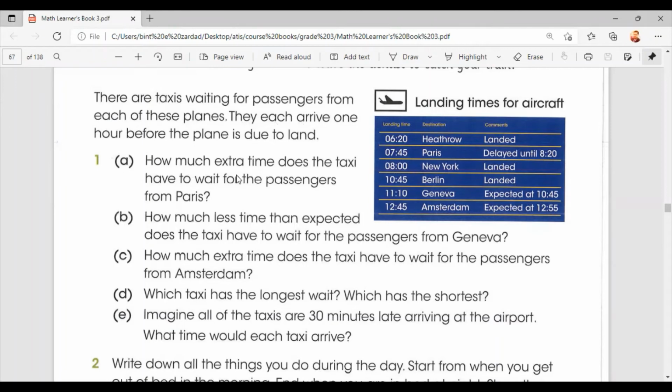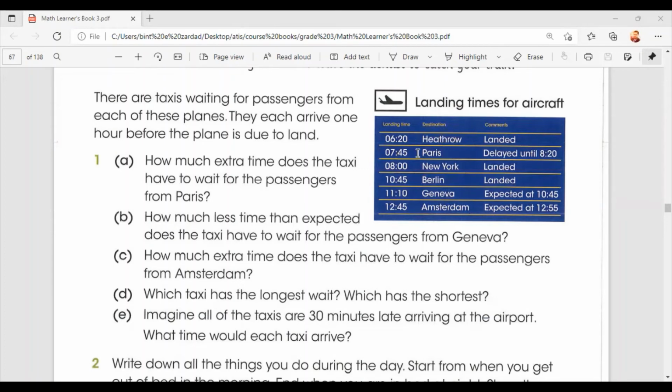How much extra time does the taxi have to wait for the passenger from Paris? So where is Paris? This one, 7:45. Paris is delayed until the others landed; the others need no change. Heathrow, New York, Berlin are not changing. Just these 3: Geneva, Amsterdam, and Heathrow.